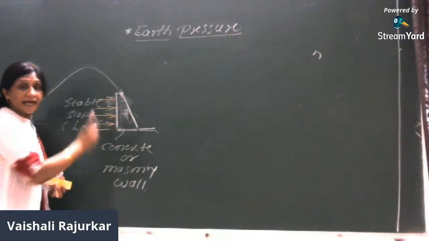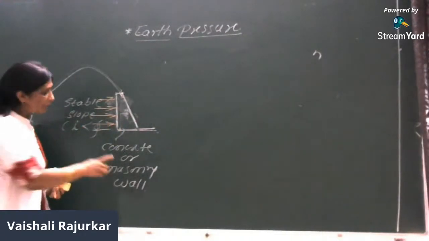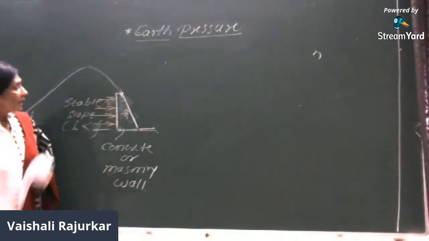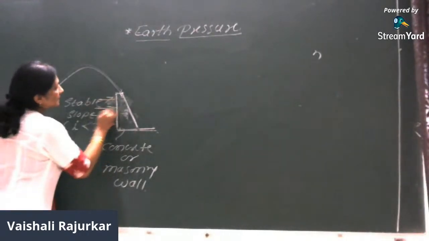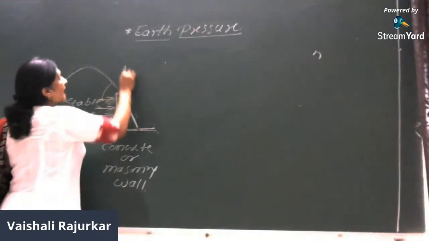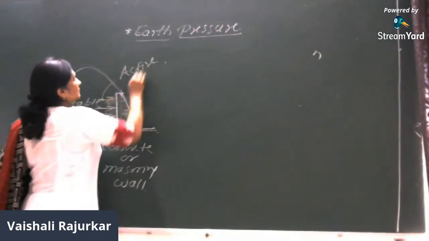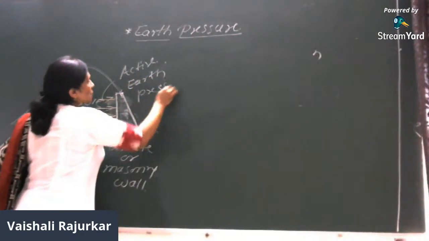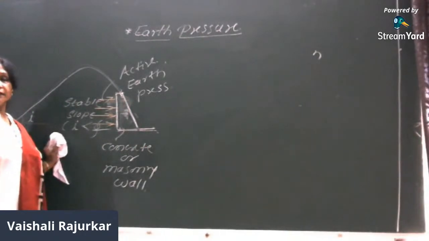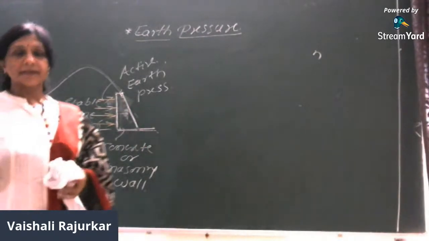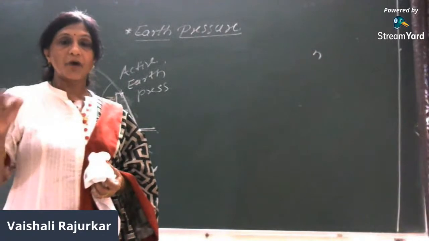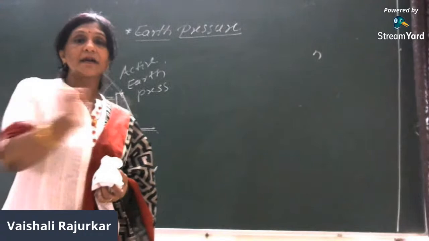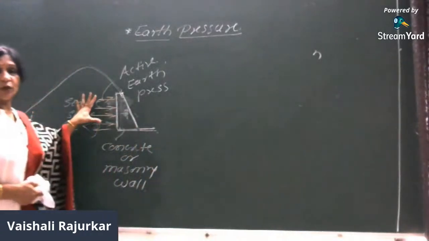This retaining wall is an artificial structure constructed with masonry or concrete. This pressure is called active earth pressure. So what is a retaining wall? A retaining wall is an artificial construction made of concrete or masonry, which is used to resist the lateral pressure of the unsupported soil mass.